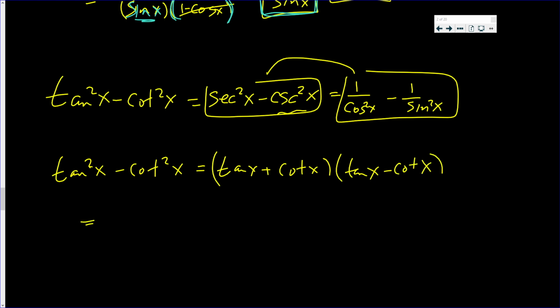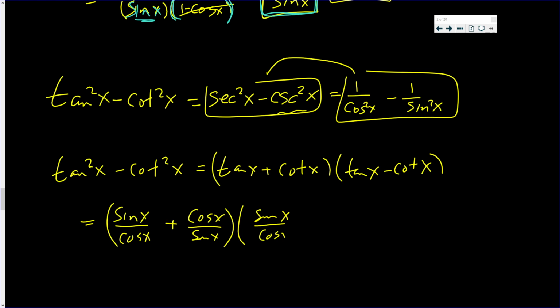And tangent x is sine x over cosine x, plus cotangent x, which is just a reciprocal times tangent x, is still sine x over cosine x, minus cotangent x, which is cosine x over sine x.